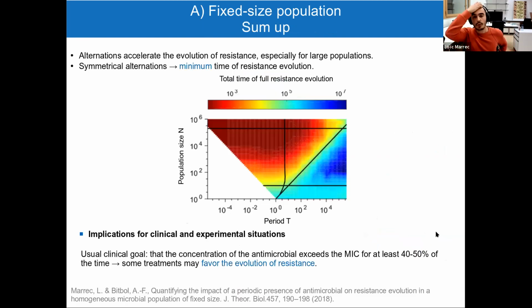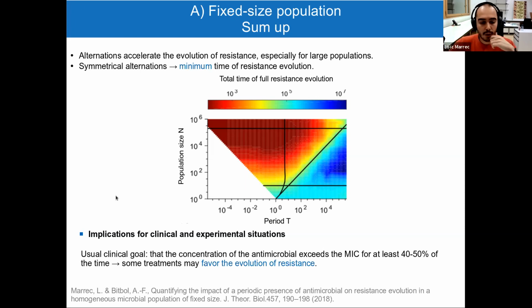Okay, so just to sum up this part, I showed you that alternations accelerate the evolution of resistance, especially for large populations, and we get a minimum in the time of resistance evolution when each phase has more or less the same duration.